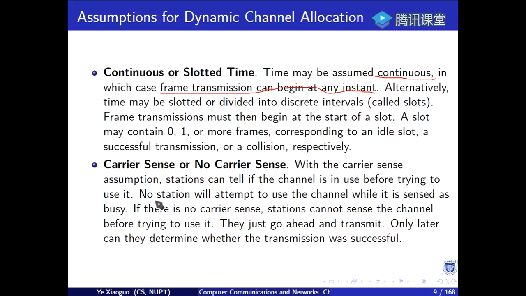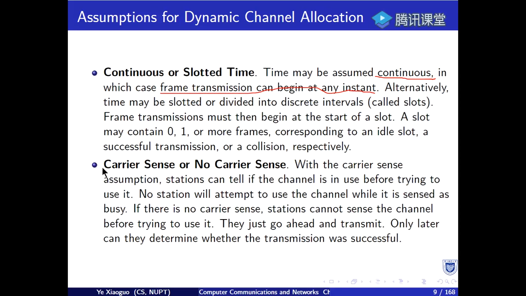So no station will attempt to use the channel while it is sensed as busy. If there is no carrier sense, stations cannot sense the channel before trying to use it. They just go ahead and transmit. Only later can we determine whether the transmission was successful.